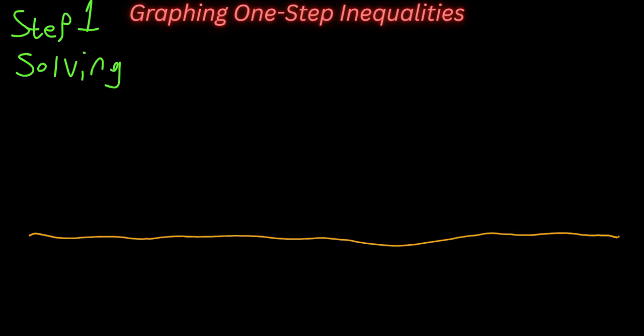But the part that's different now is that I'm going to draw a nice big number line as straight as possible. And at the center of that number line, I'm going to put 0. And I'm going to build it out here. This is where we're going to learn to graph inequalities.